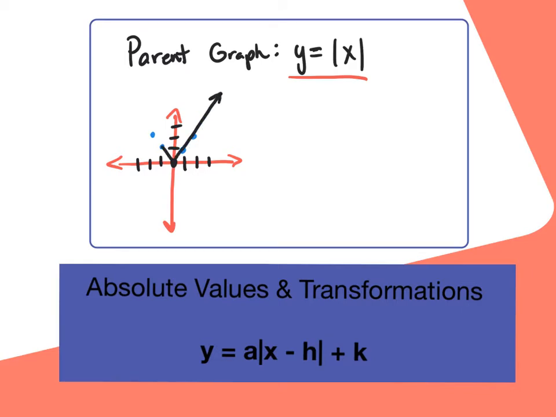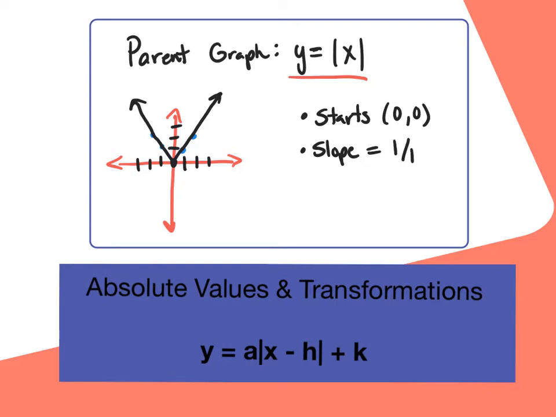So the critical things you need to understand about the parent graph: it always starts, or what we call the vertex point, at 0, 0, which is key. Its slope, in both directions, is always up 1 over 1.